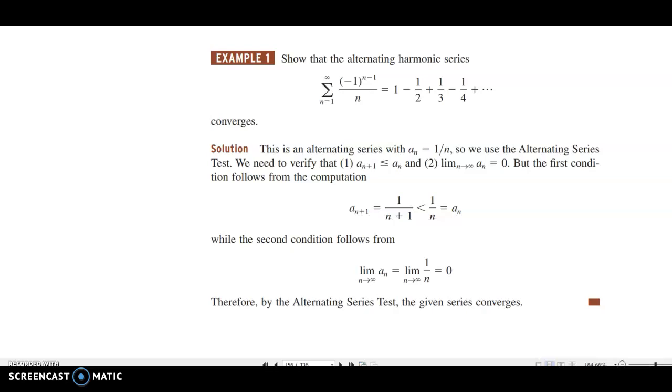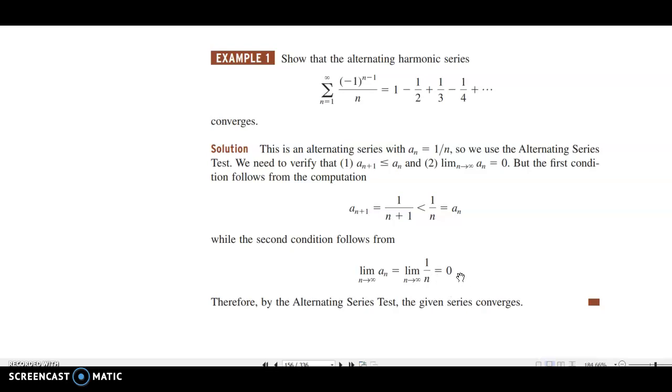This is an alternating series with a_n equal to 1 by n. So we use the alternating series test to verify that a_(n+1) is less than or equal to a_n. Here a_(n+1) is 1 by n plus 1, which is always less than 1 by n, which is a_n. The limit as n tends to infinity of a_n is the limit of 1 by n, which is equal to 0.